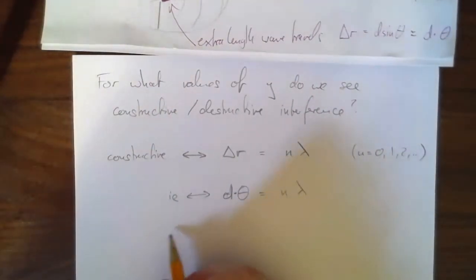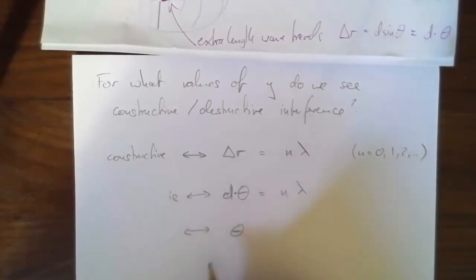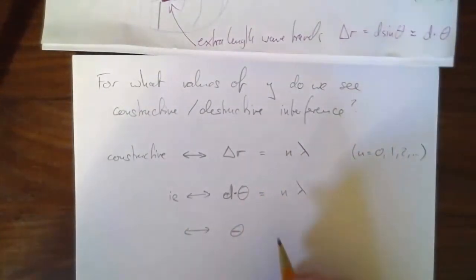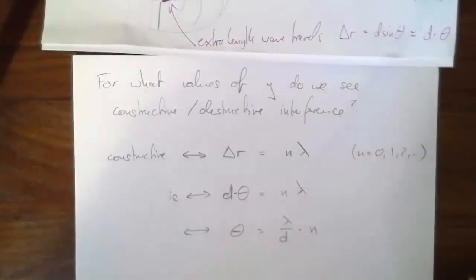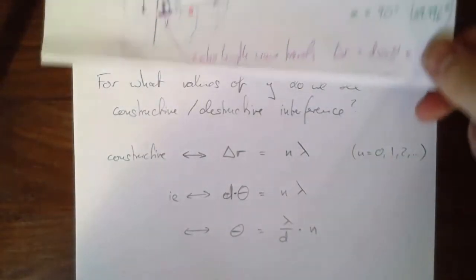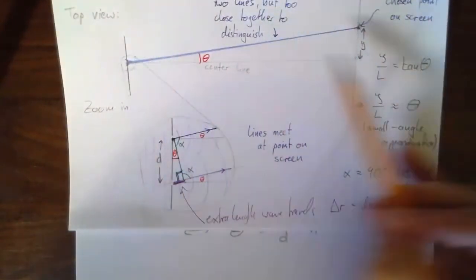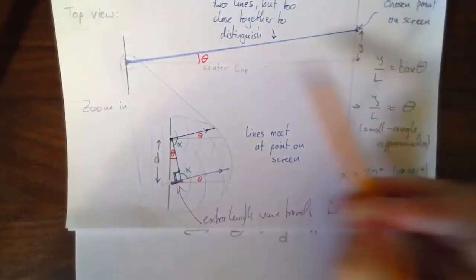So theta, the angle, has to be lambda over d times some integer. Could be 0, in which case it corresponds to just the point right here, right where the angle theta is 0.